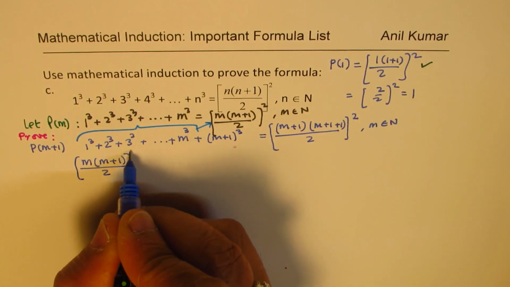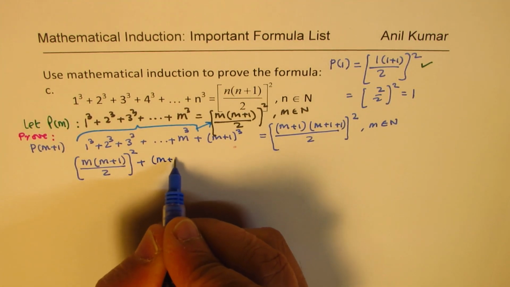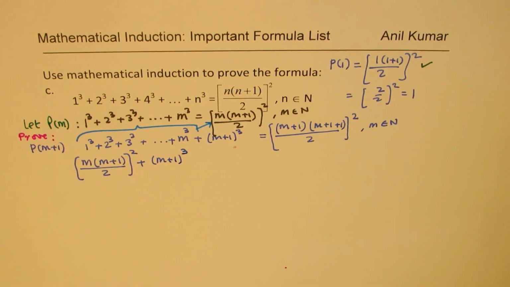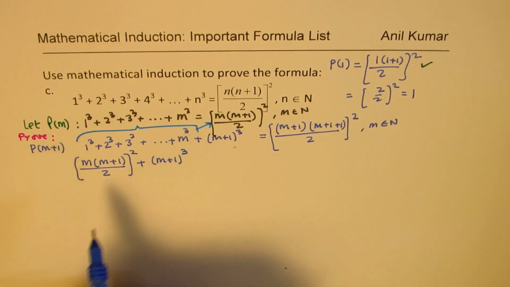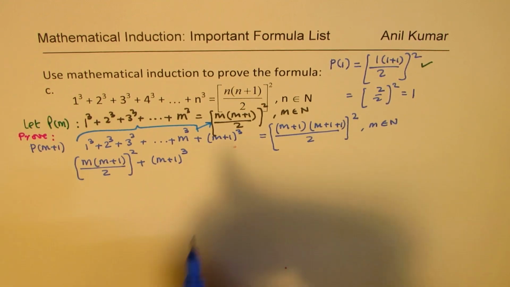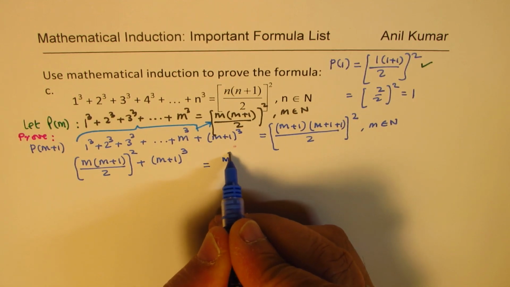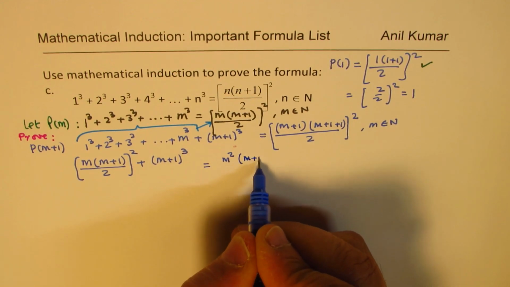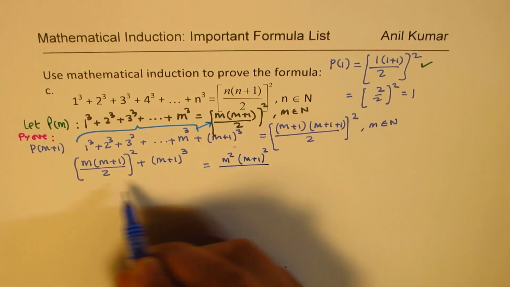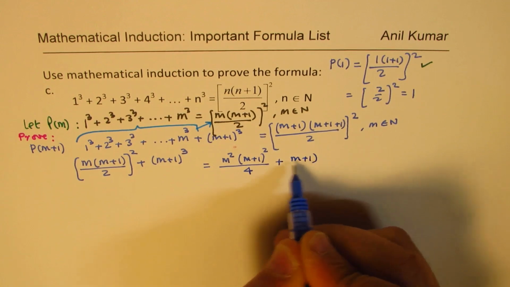And here we have m plus 1 whole cube, so that becomes our left side. Okay, so let's work with the left side and see what we could do. If you open this up, we get m square times m plus 1 whole square over 4, and then we have plus m plus 1 whole cube.